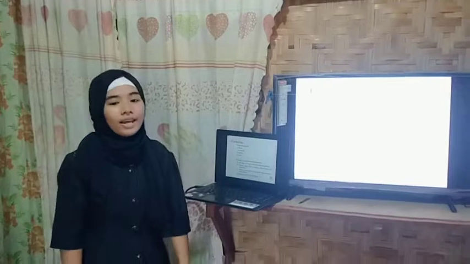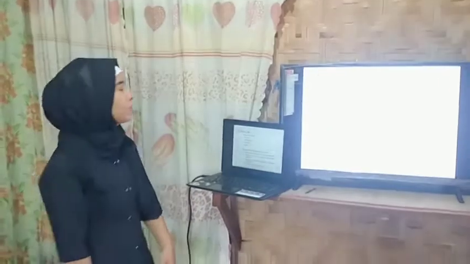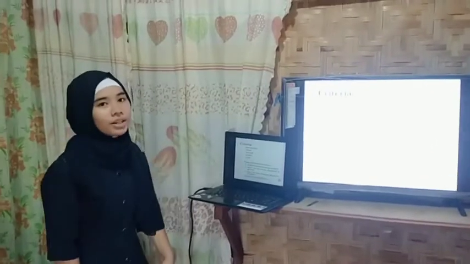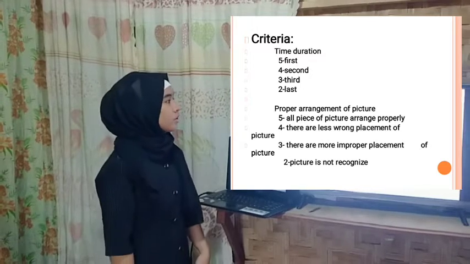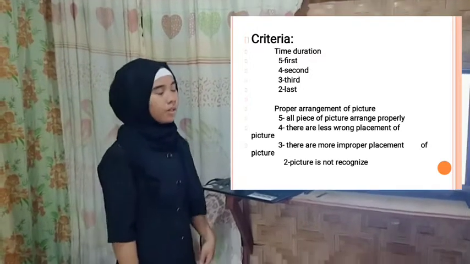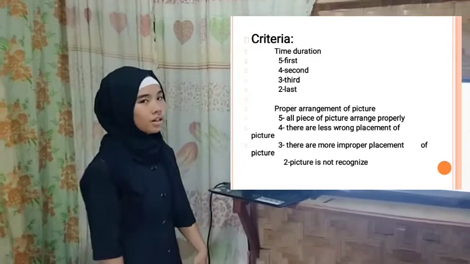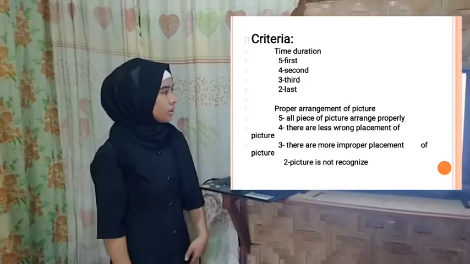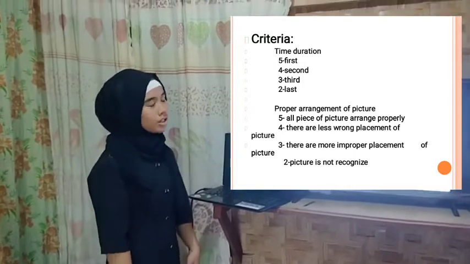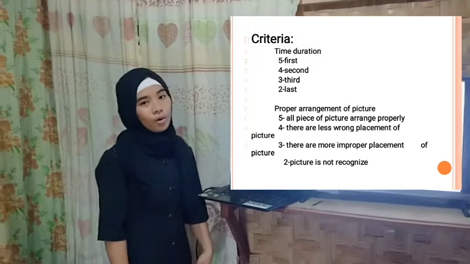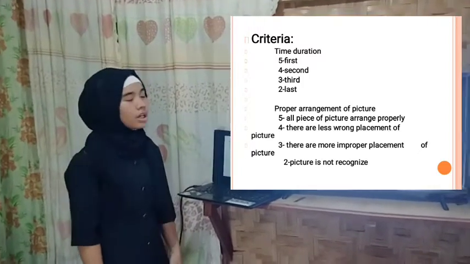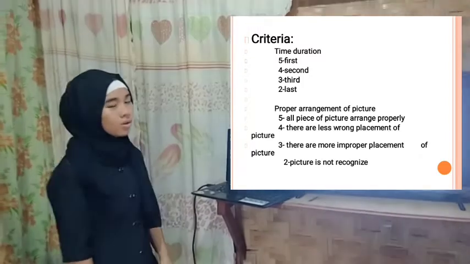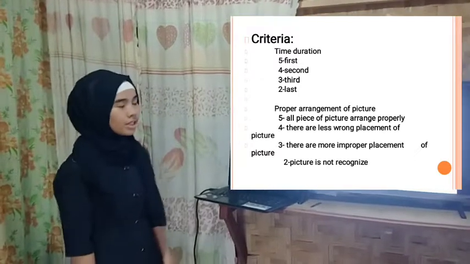Okay, class, I repeat. In doing your activity, here's our criteria. So, for the time duration, for the first group who would pass their task, they will be given 5 points. Second group, 4 points. The third group, 3 points. And for the last group would only be 2 points.